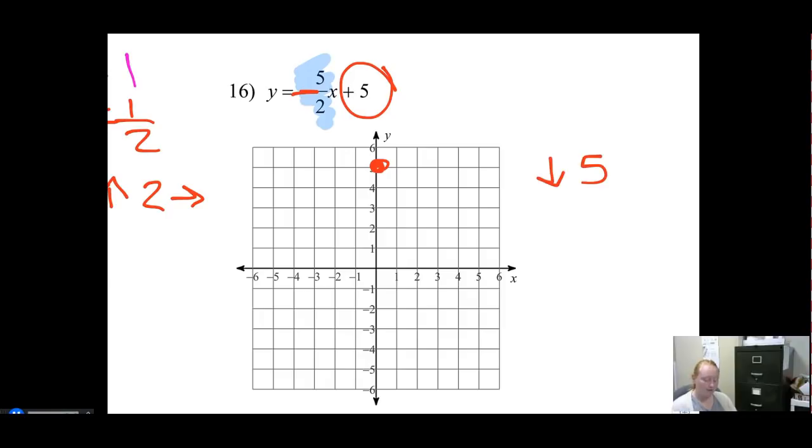I move down 5, and I move over 2. This leaves me with a line. As I read from left to right, my line goes downwards.